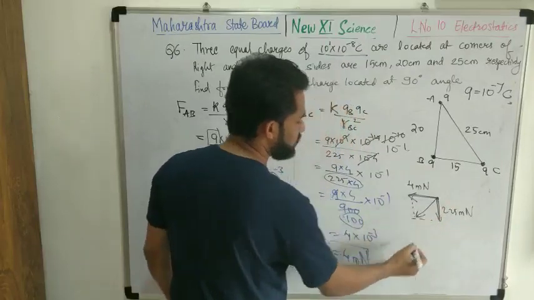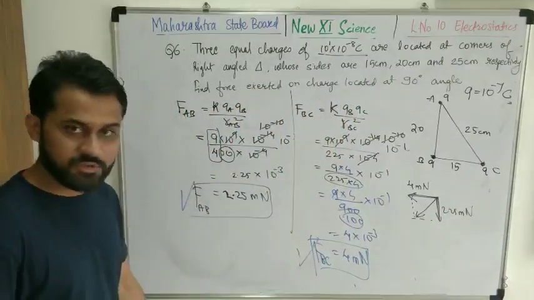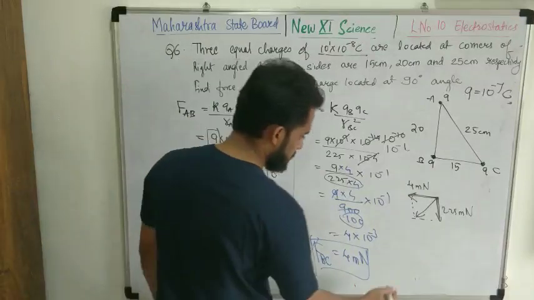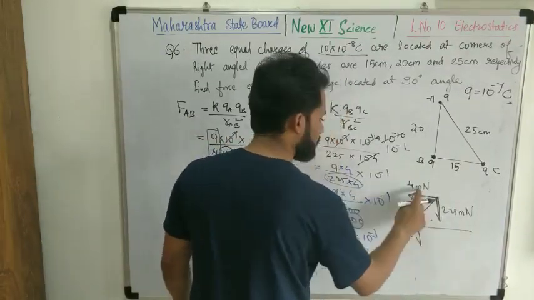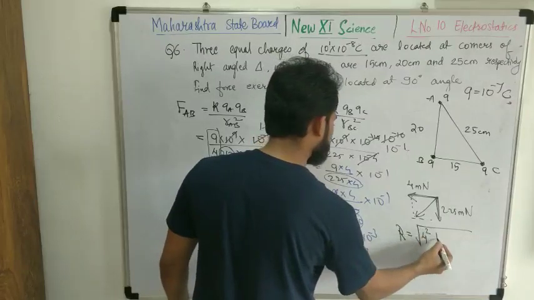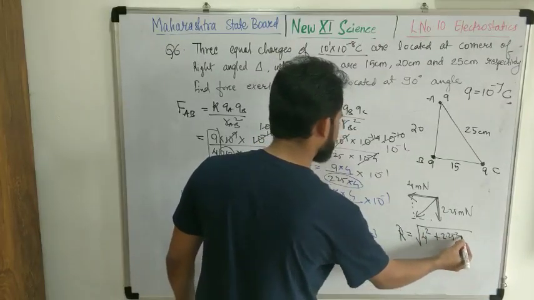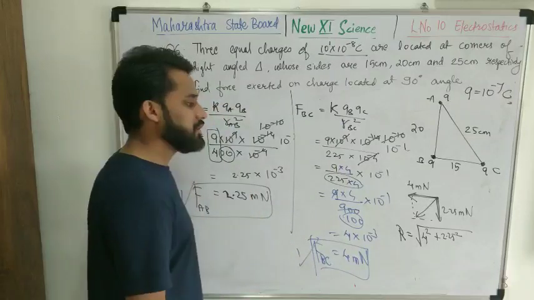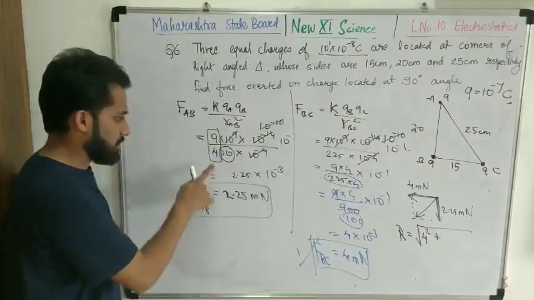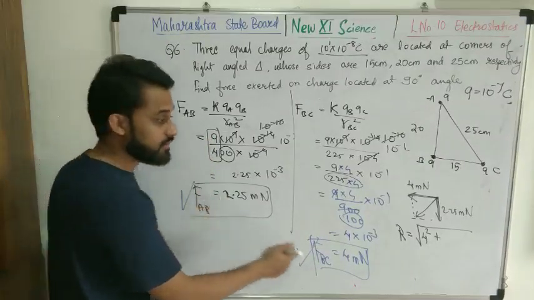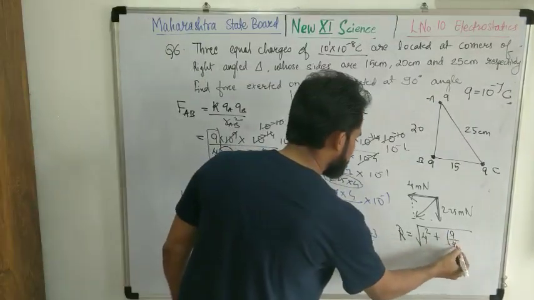If you use the vector addition rules, the resultant is equal to the square root of 4 square plus 2.25 the whole square. But instead of squaring 2.25, I would prefer squaring 9 by 4, because 9 by 4 is 2.25. So 9 by 4 the whole square.